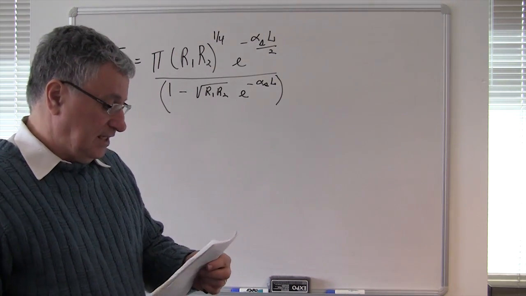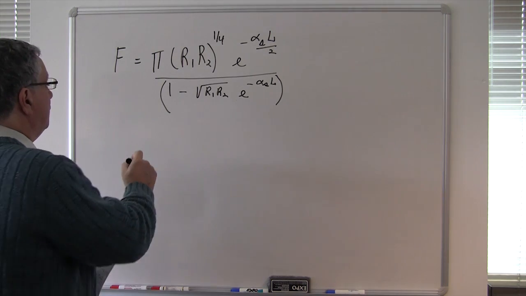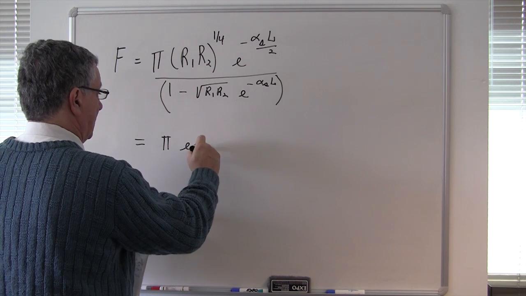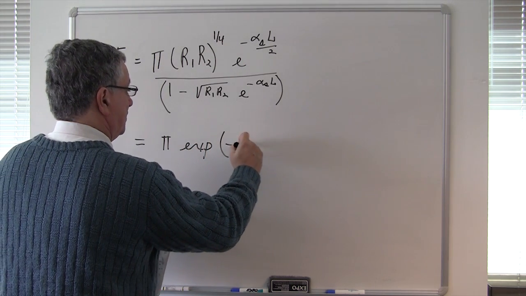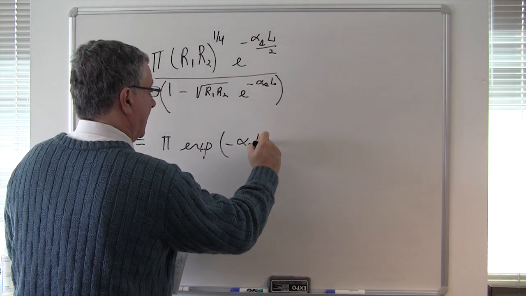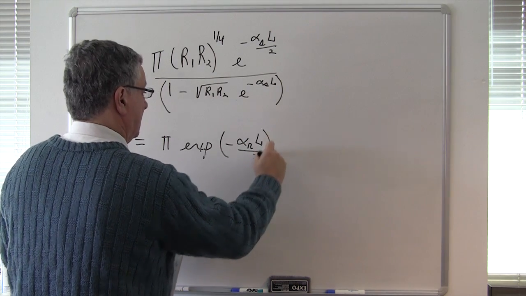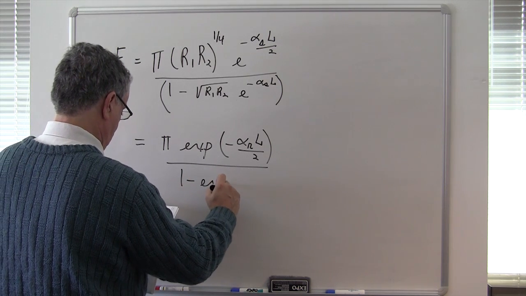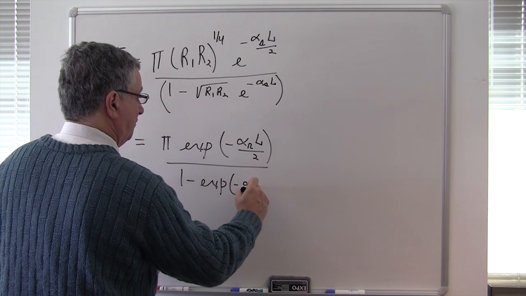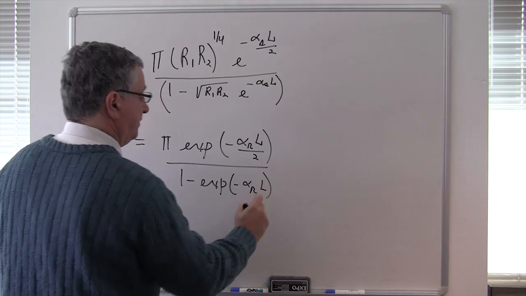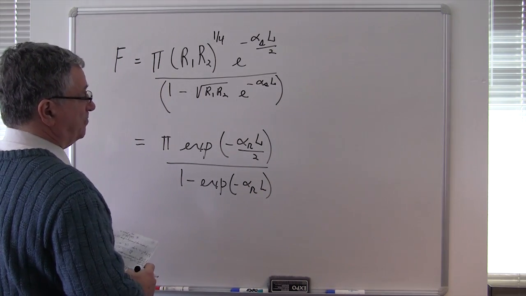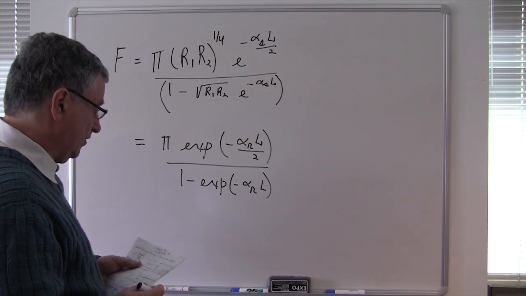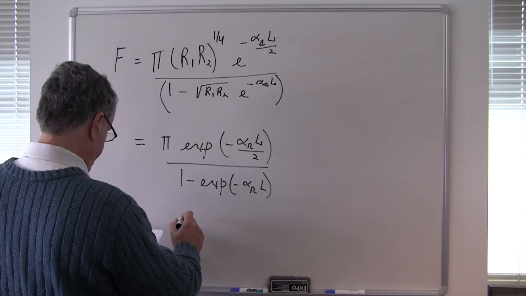We have also seen that this expression can be written as pi e^(-alpha_r L/2) divided by 1 minus e^(-alpha_r L). In that expression, alpha_r is known as the distributed loss of the cavity.